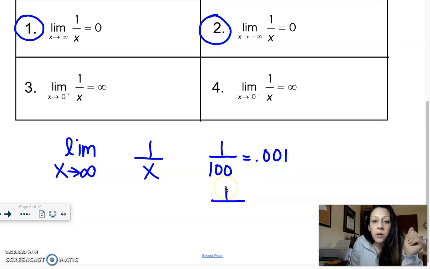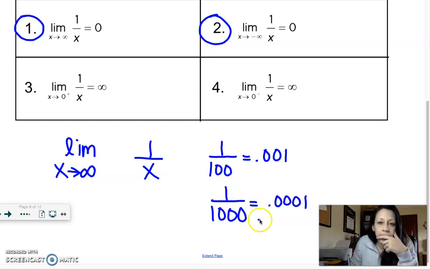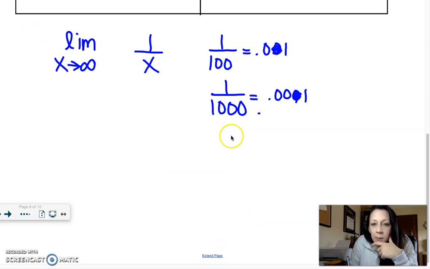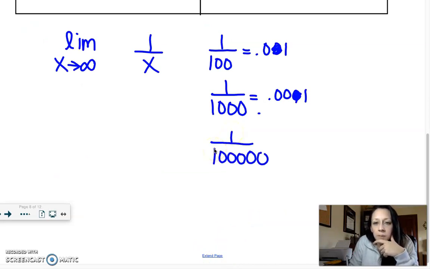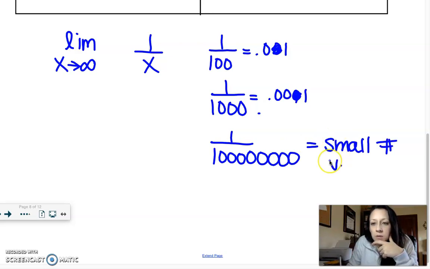Okay, what if I put in 1,000 for x? 0.001. You get the point. Anyway, what would happen is the larger the number on the bottom, the smaller the value. So this is a really small number, very close to 0.